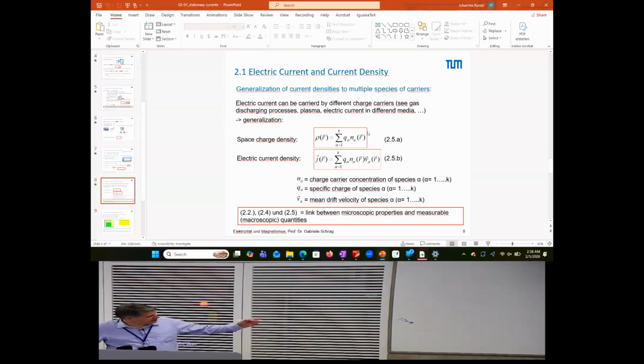And then, of course, we said it could be that you have different types of carriers. In that sense, you have to account for that, that you compose this space charge density from the different particle densities and the respective charge values of these carriers.